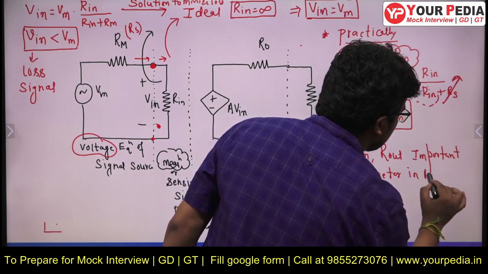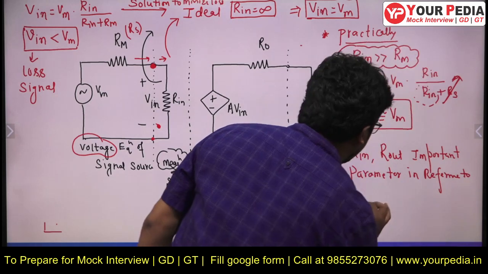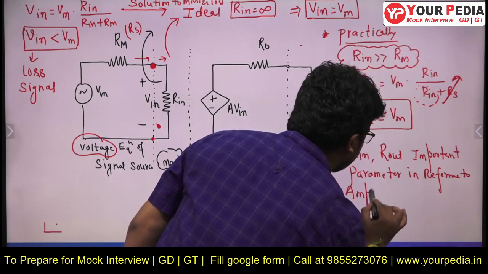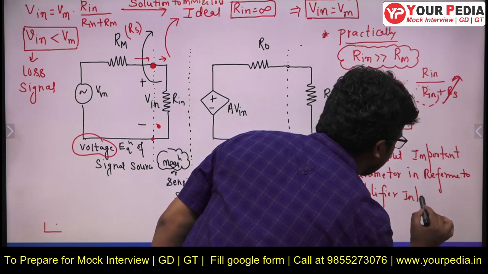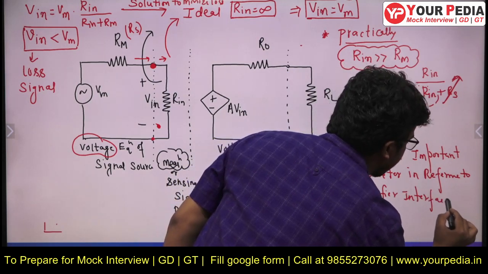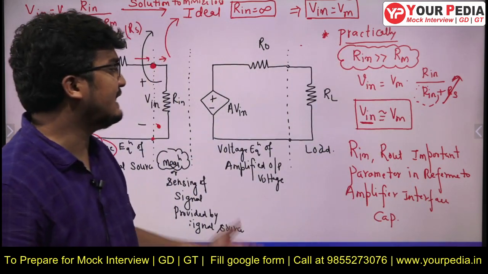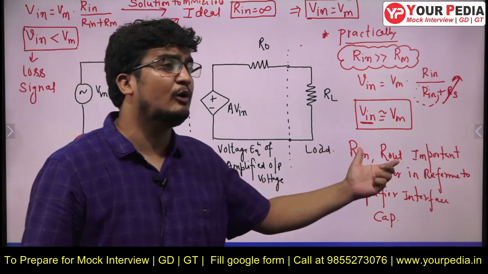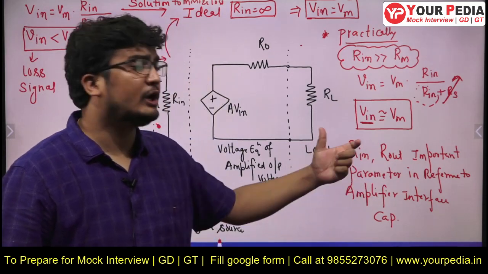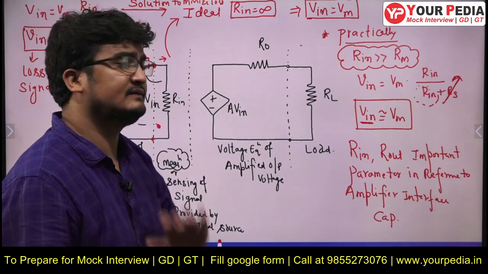In reference to amplifier interface capability, whenever you interface an amplifier with other system elements, the input impedance and output impedance are the two important parameters which play a very important and critical role, as I have discussed here.